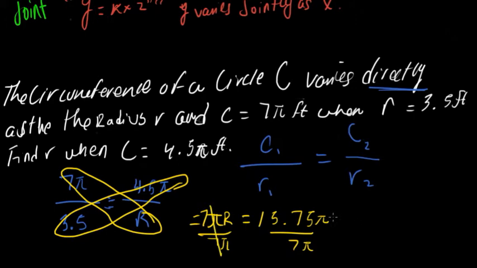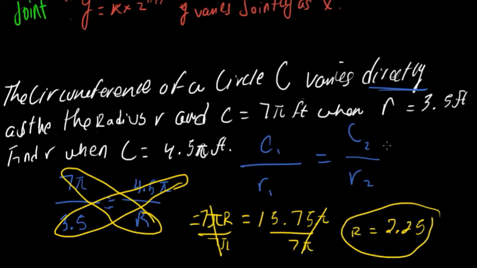These 7 pi's cancel, leaving r is equal to 15.75 pi divided by 7 pi. These pi's cancel, and 15.75 divided by 7 is equal to 2.25. And this r is equal to the same r that I had in my last answer here.